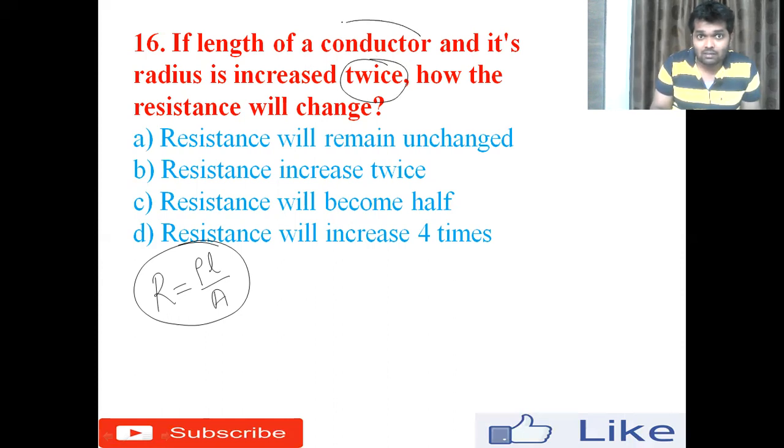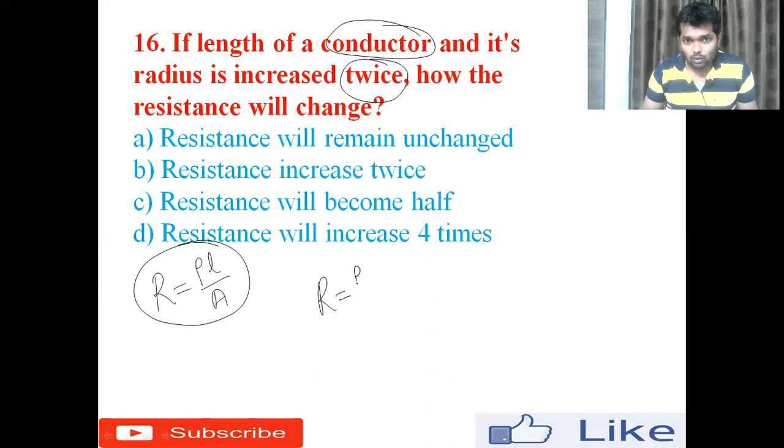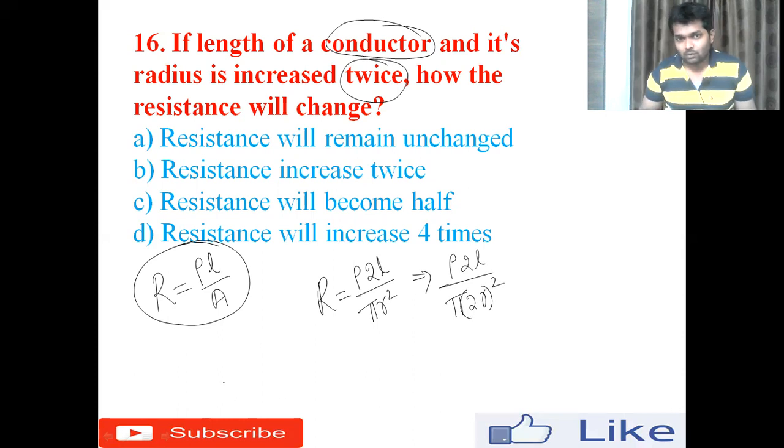They are saying that the length of the conductor is increased twice and the radius is increased twice. So R equals rho, where the length is increased twice, as well as the area, which I can write as pi r square. Since the radius is also increased twice, rho 2L divided by pi (2R) whole square.